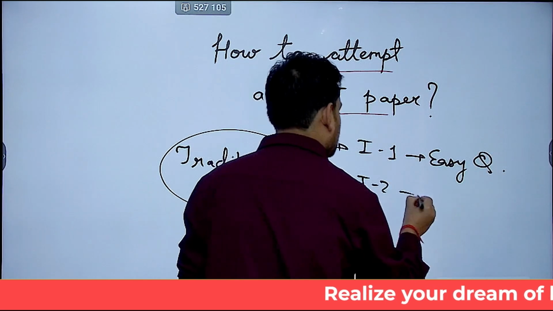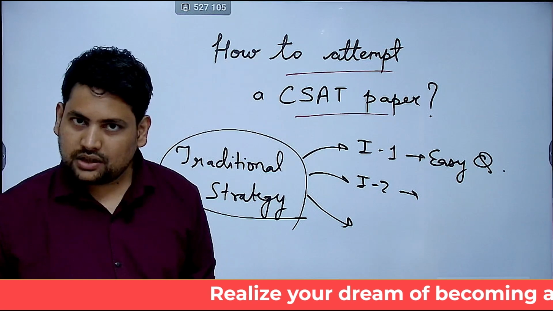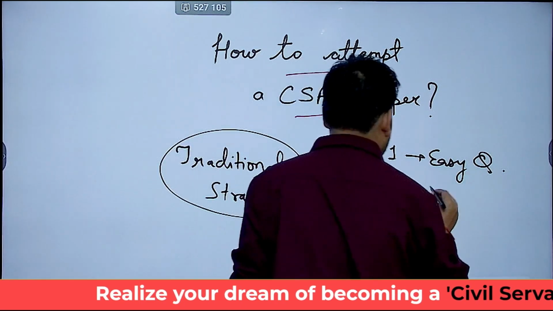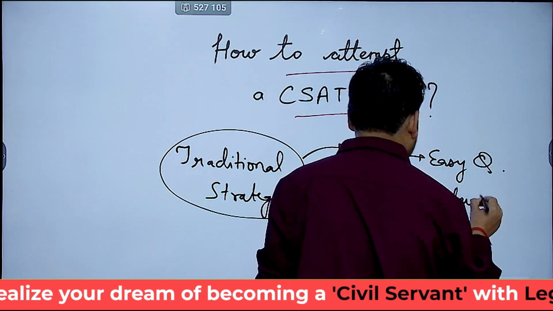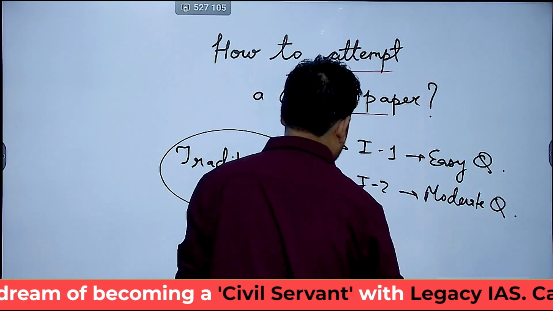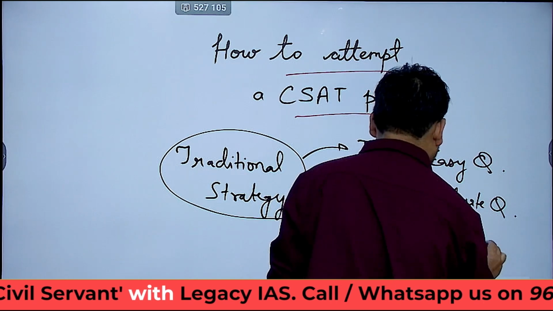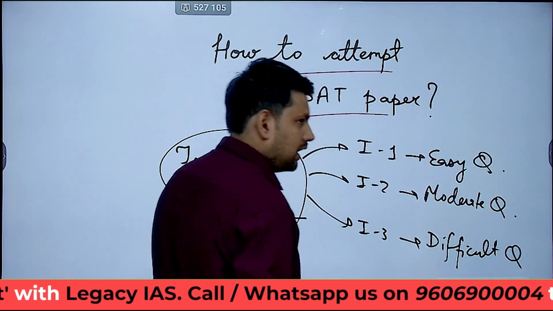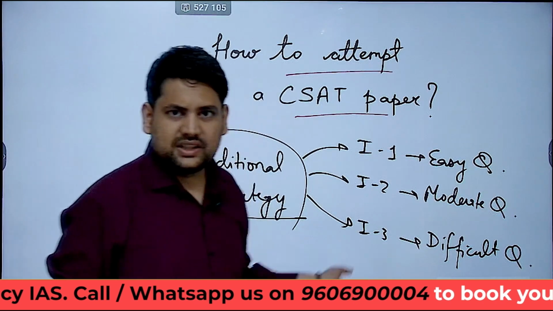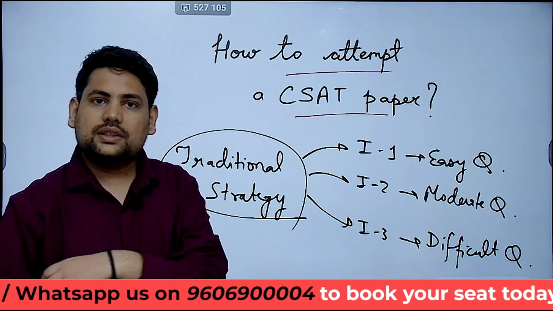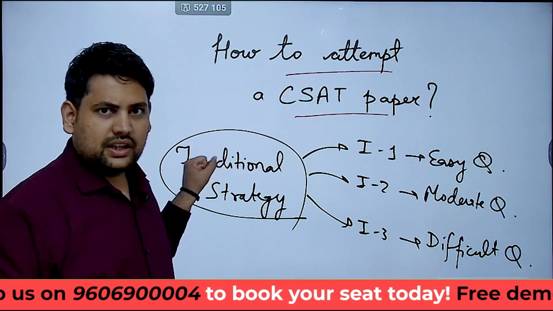Then in the second iteration, you again go through the whole paper and you do moderate questions. And in the third iteration, you do the difficult questions. Correct? This is the strategy. This is mostly used in GS as well.